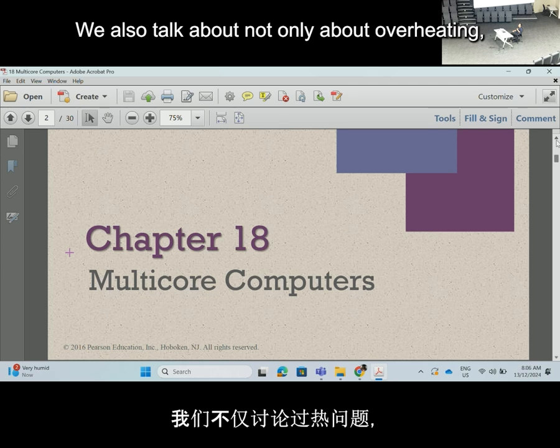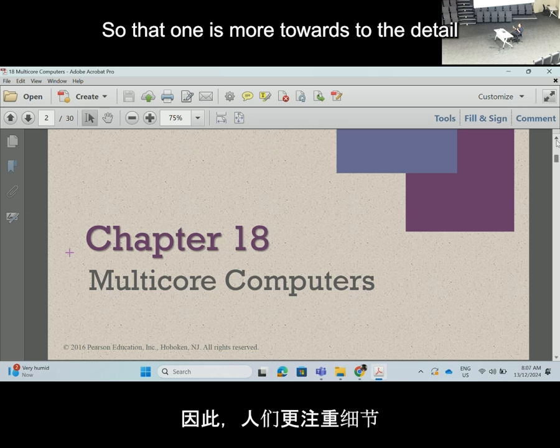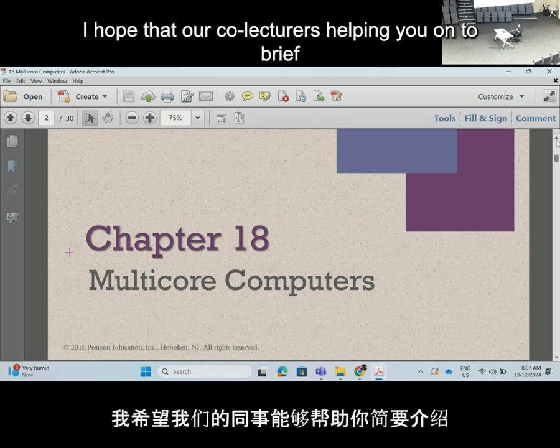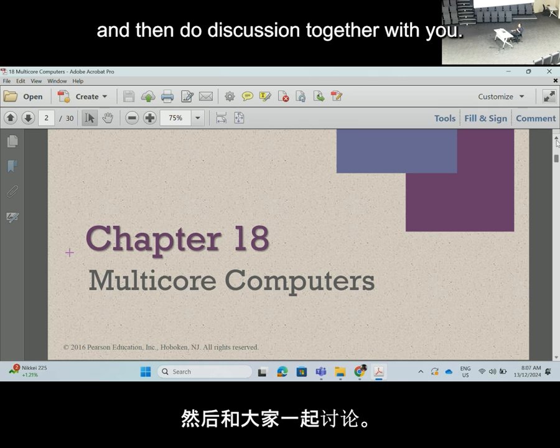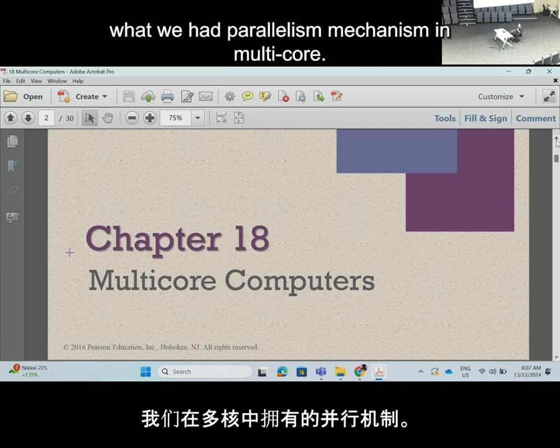We also talked about dynamic scheduling. That one is more detailed during your practical class, and I hope our co-lecturers help brief you and discuss together with you. So during this lecture, we're continuing with the parallelism mechanism in multi-core.